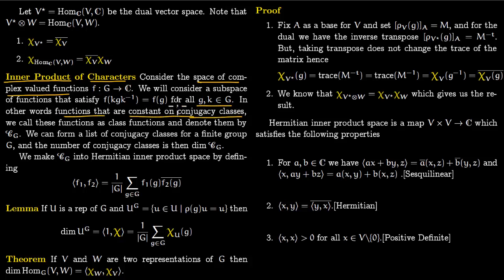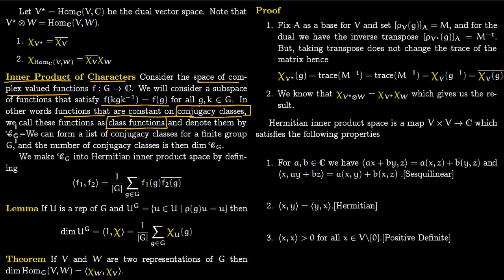For every group, you have seen in elementary group theory that you can form these conjugacy classes. And these functions which are constant on conjugacy classes, we call class functions, and we denote them by math cal C of G. Basically every group you can split up into conjugacy classes, and these functions then act on conjugacy classes.